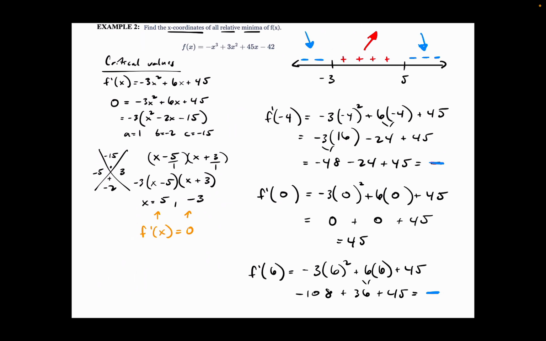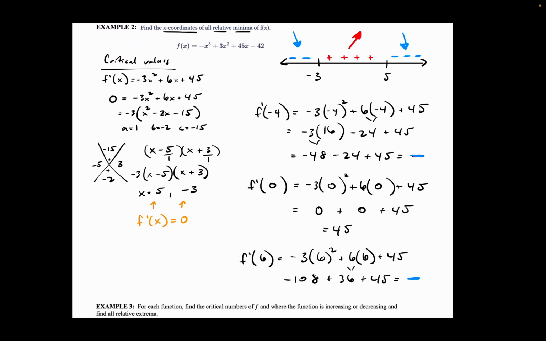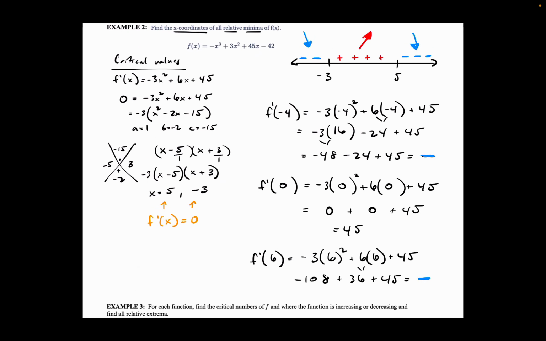Okay, so now, again, let's go back. Let's actually answer the question now. Relative minima, or minimum, because there's only one, right? Negative 3. At x equals negative 3. How did we know it was negative 3?